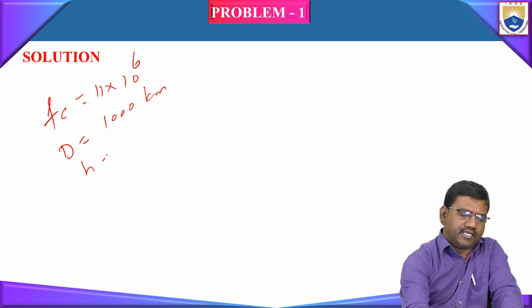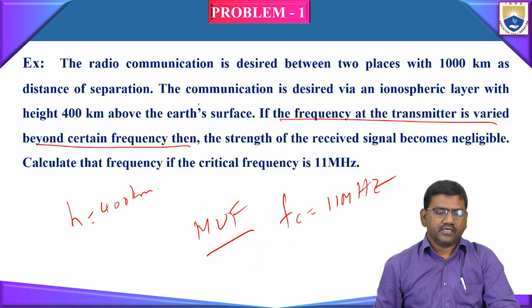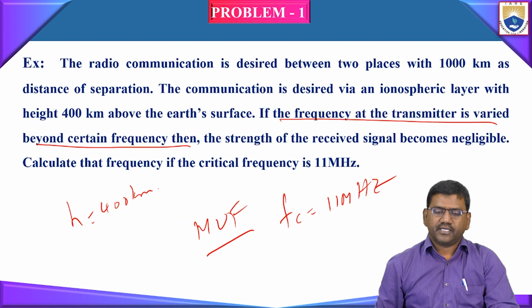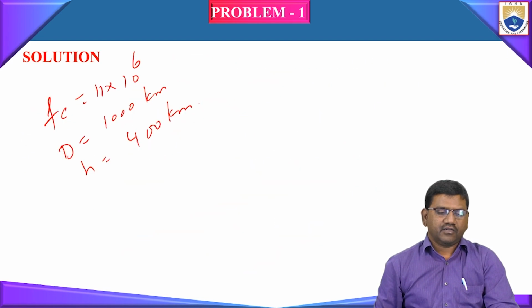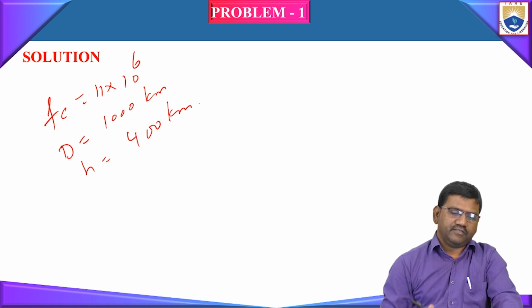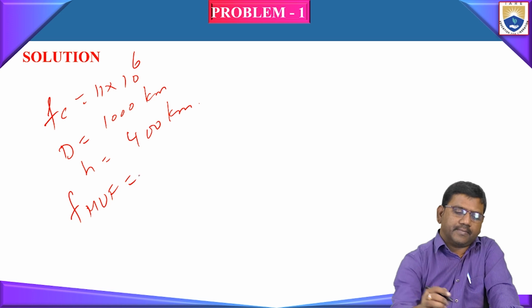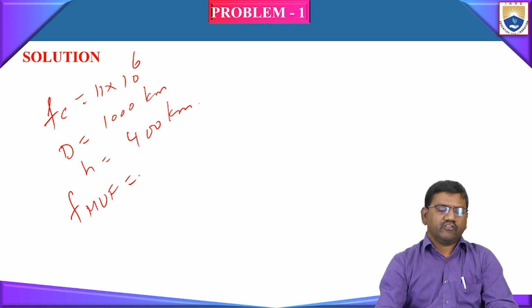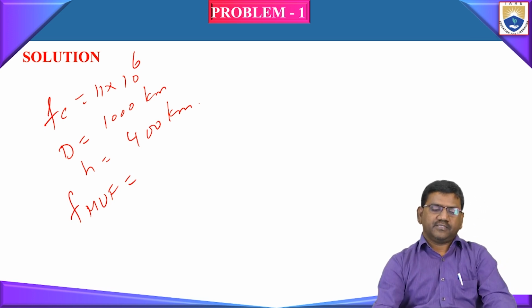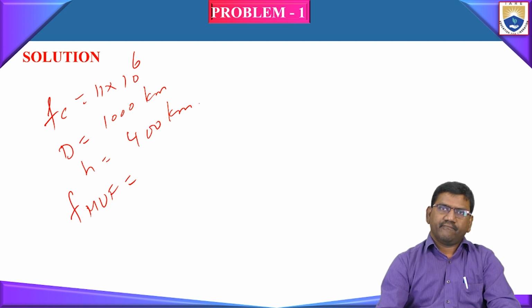And H is given as 400 kilometers. So this is the data given. From this we need to calculate the F MUF value. F MUF stands for maximum usable frequency here.